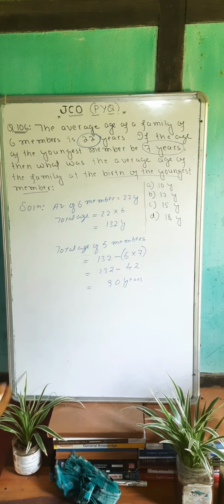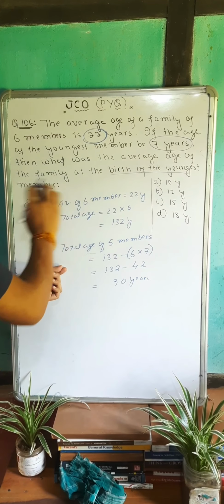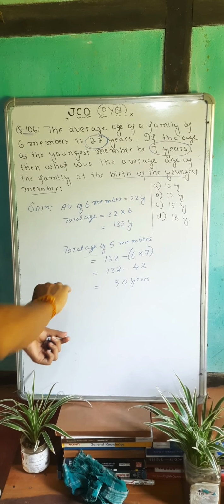years. Now we need to find what is the average age of the family at the birth of the youngest member. So we have found the total age of 5 members 7 years ago, that is 90 years.